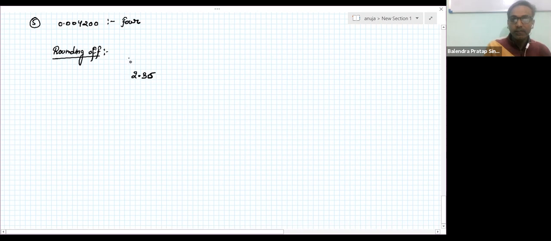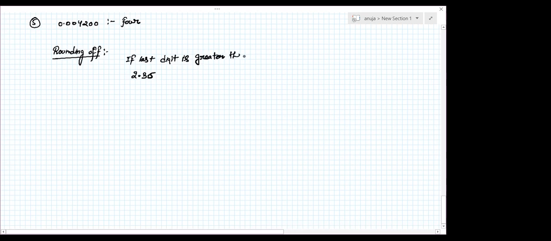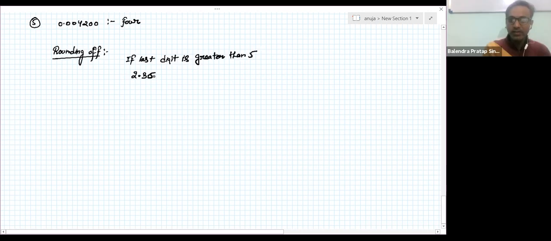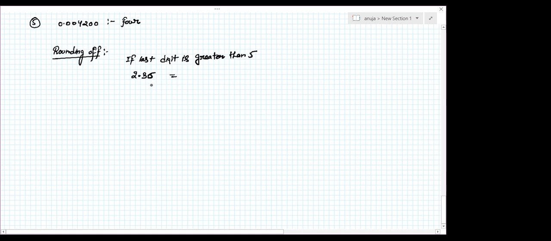If the number is 2.36 and you have to round off to 2 significant digits, it becomes 2.4.